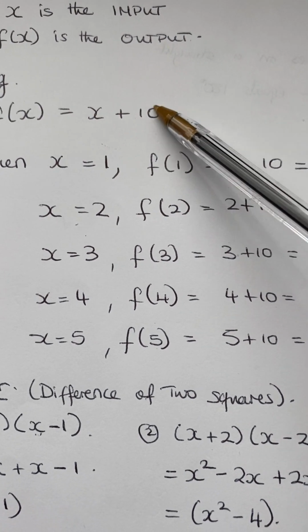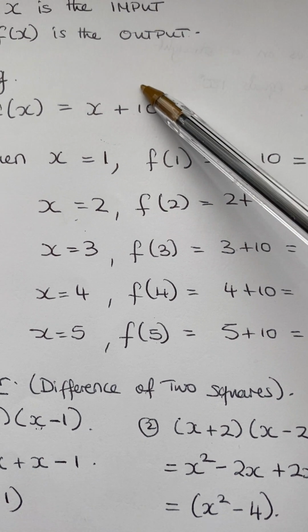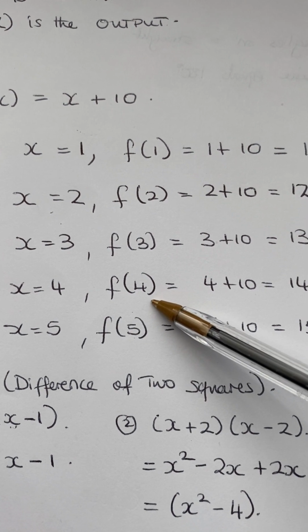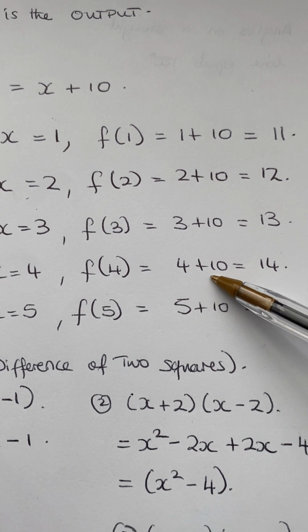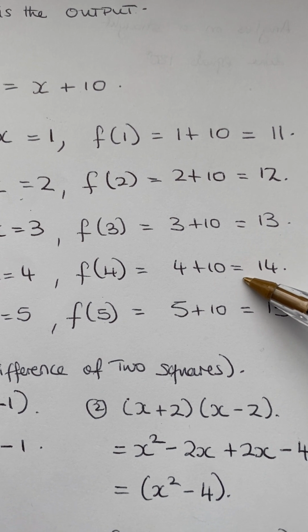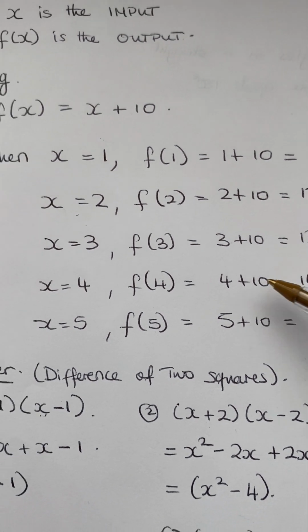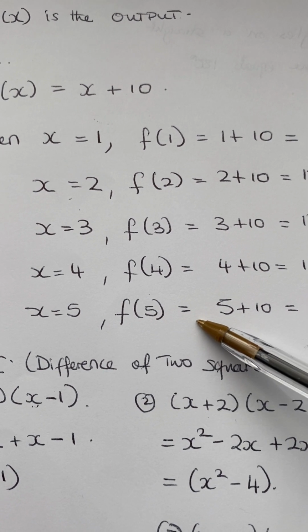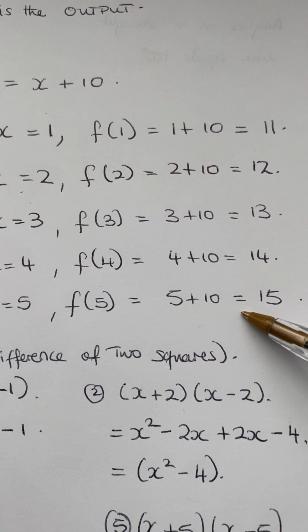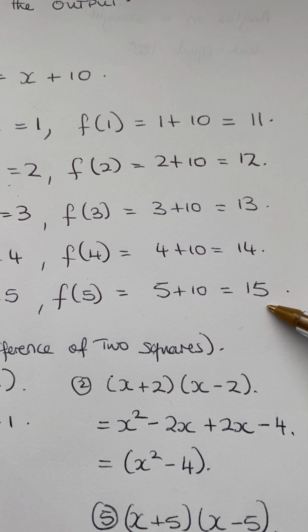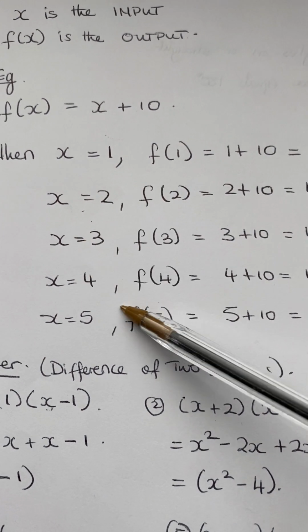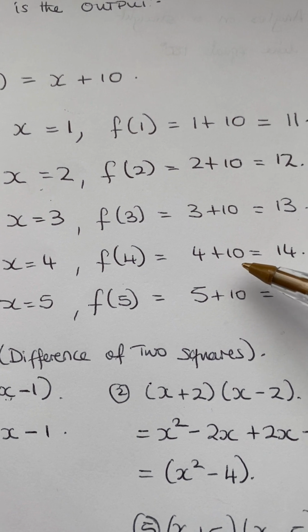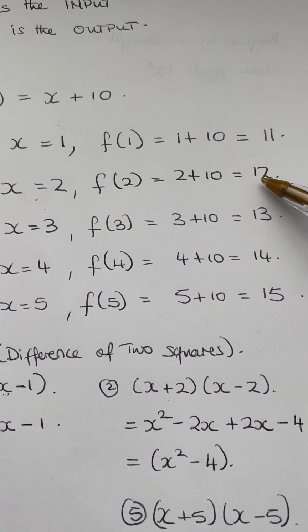This equation here is your operation. x equals 4, so f of 4 will be 4 plus 10 equals 14. x equals 5, so f of 5 equals 5 plus 10 will be 15. So this is what we've been doing so far. You can watch the last video to see everything on functions.